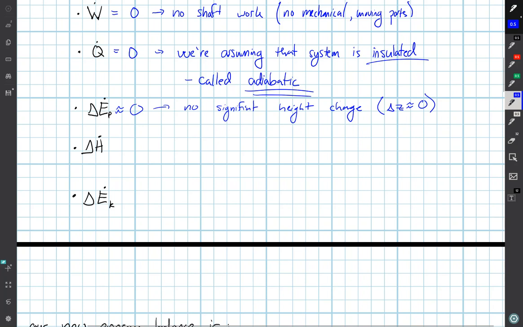Okay, the next one, delta H. So we have steam or water flowing in and out.